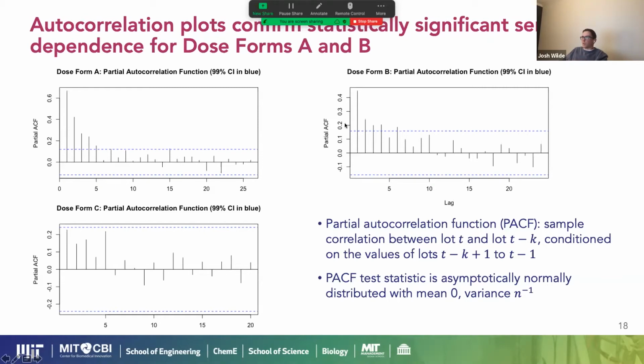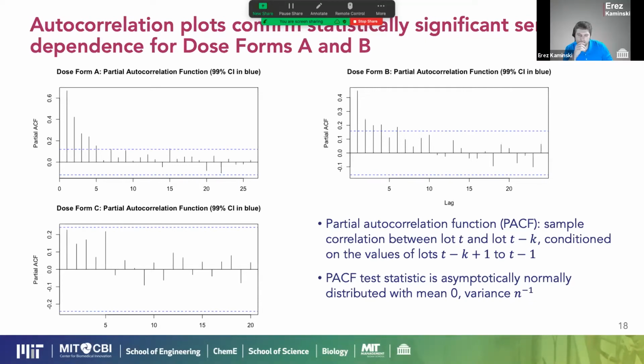We see this for dose form A and dose form B up to a lag of 4 or 5 lots. And in dose form C, we see no statistically significant autocorrelation, which agrees with the interpretation of the plots in the prior slide.